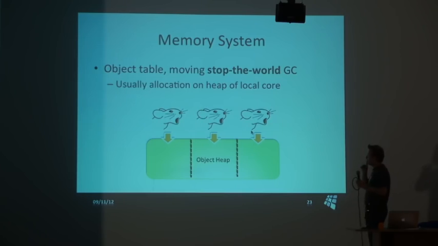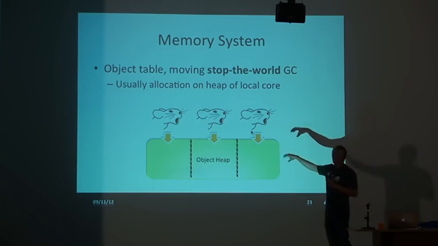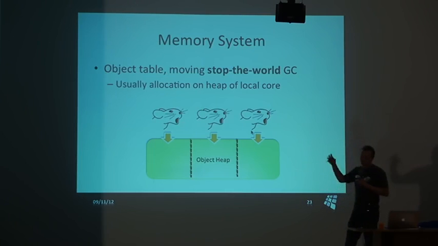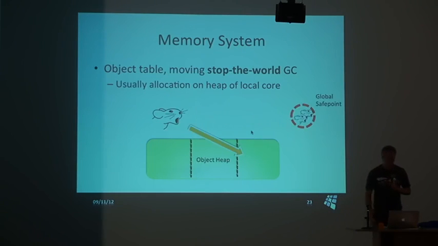Okay. Yeah, so we have a static heap layout. Basically every interpreter instance works on its own part of the heap. Reading and writing to objects in different parts of the heap is perfectly possible, so it's still shared memory, as I said, for the programmer. But allocation and moving of objects is problematic.